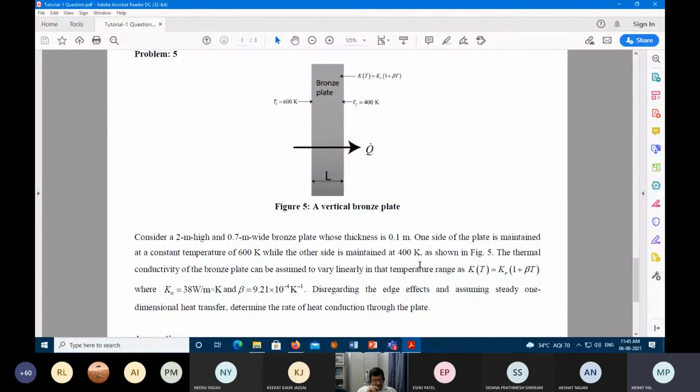K average equals K naught times 1 plus beta T2 plus T1 by 2, so 38 into 1 plus beta times 500.